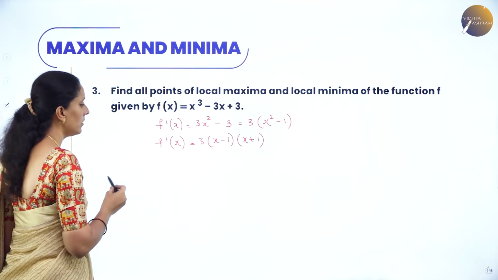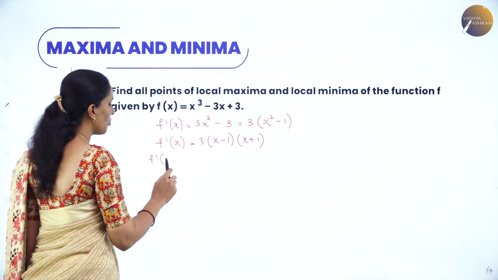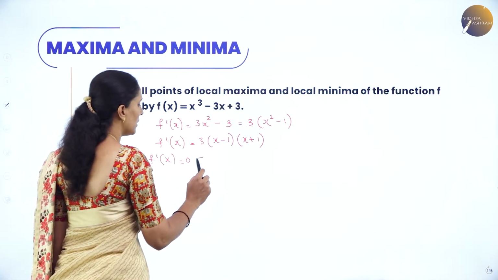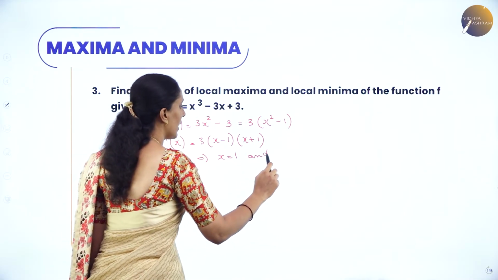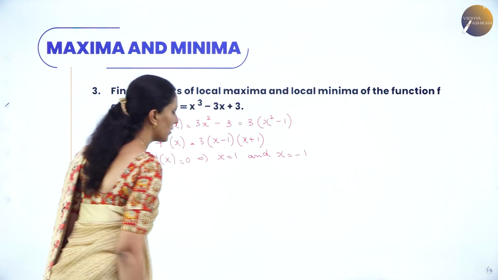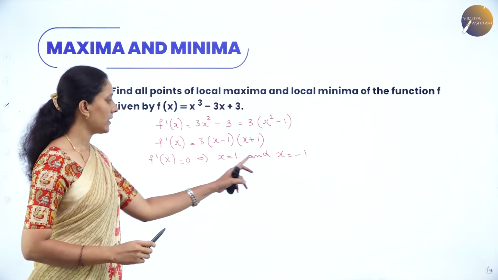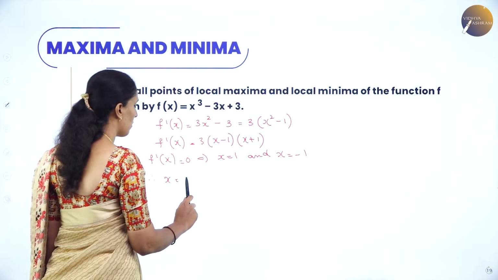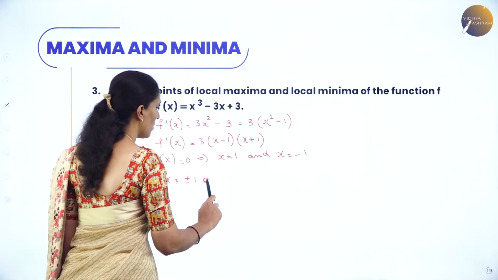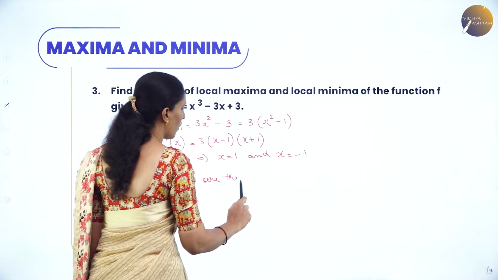Thus, if you put f dash of x equal to 0, this implies x is equal to 1 and x is equal to minus 1. Now, we got the points x is equal to 1 and x is equal to minus 1. So, therefore, x is equal to plus or minus 1 are the critical points.